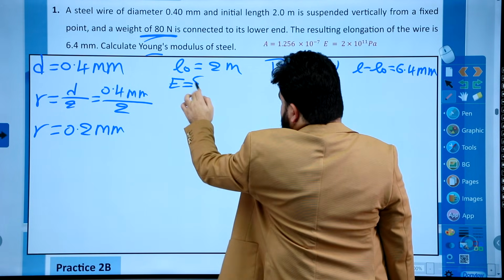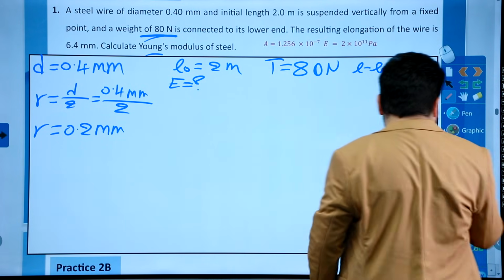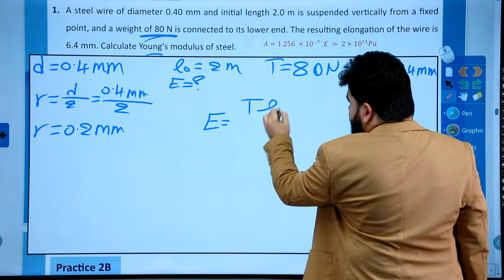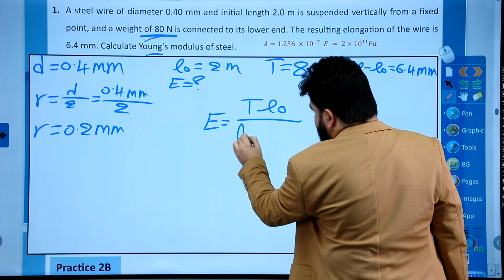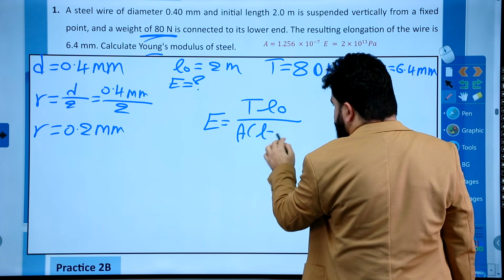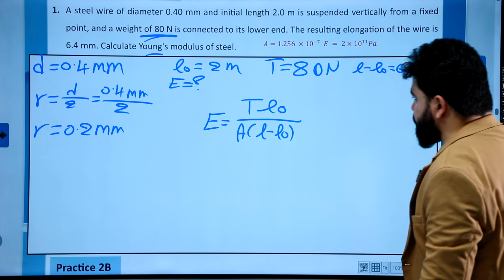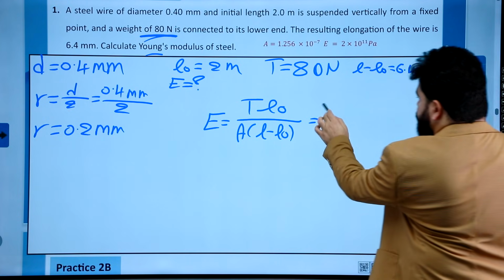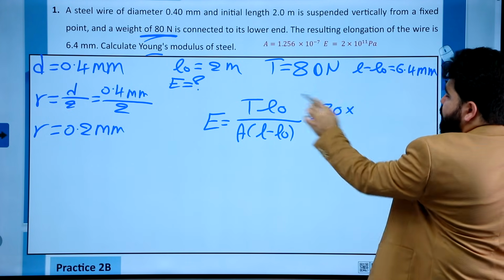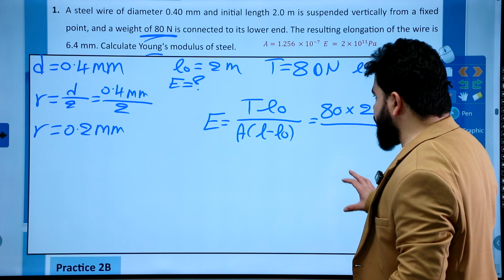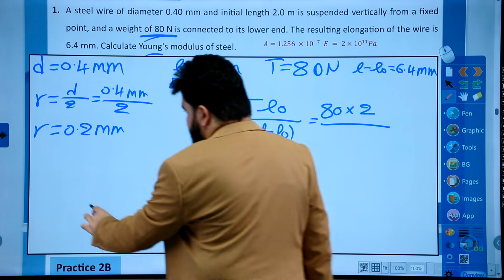Young's modulus is equal to tension multiplied by initial length, divided by area multiplied by elongation. Now, I have tension, which is equal to 80. I have initial length, which is equal to 2. I don't have area, so let's find area here.